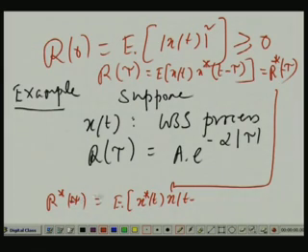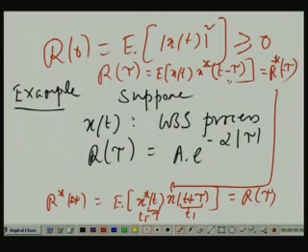So, minus tau means it becomes t plus tau. You can call t plus tau maybe T1. So, t becomes T1 minus tau. So, this is nothing but E of x(T1) into x star(T1 minus tau), which is nothing but autocorrelation at a gap of tau. So, this is nothing but R(tau). So, that proves it.